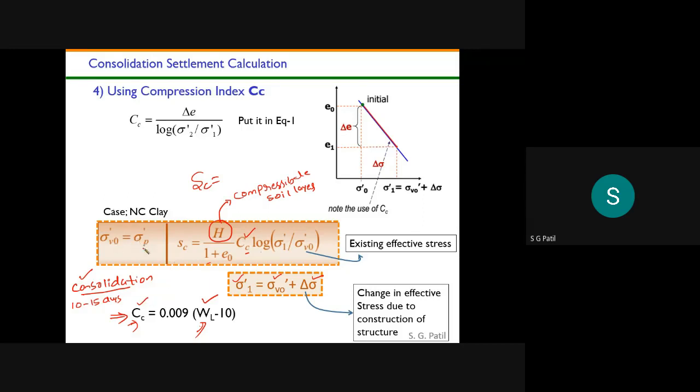This is for NC clay. For the time being, don't bother about whether it's NC or OC, because in the examination they will always ask for NC clay only. If you remember this formula, that will be sufficient to calculate the consolidation settlement.